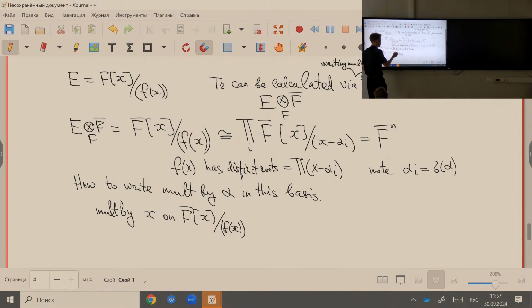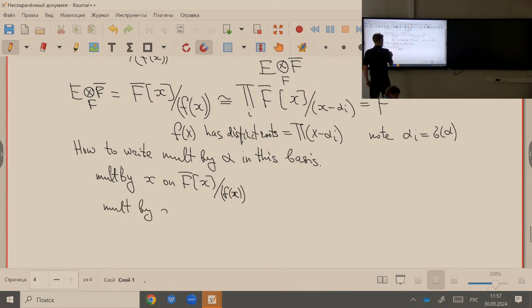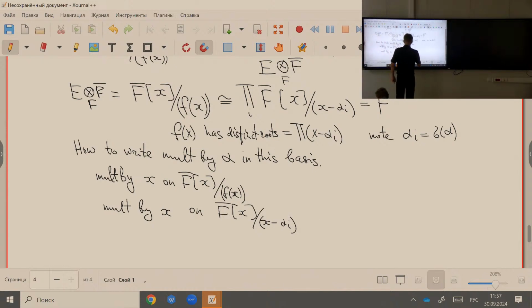So alpha was obtained as an image of x, and this implies that multiplication by x on the factor f[x] modulo x minus alpha_i is multiplication by alpha_i, just because we change x to alpha_i via this relation, x minus alpha_i is equal to 0. And alpha_i is sigma_i of alpha.